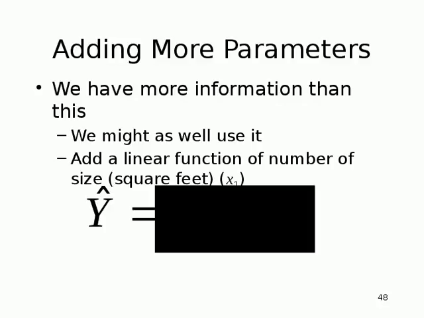What does B0 represent in this case for a house price? The mean price, the average price. And then what's next? We want to add a linear function of the size of the house.